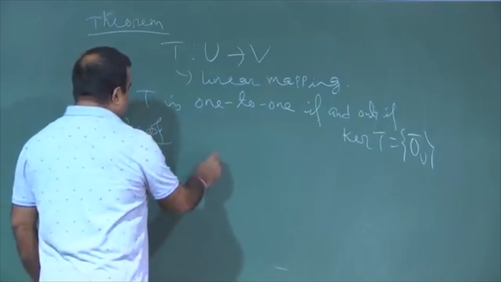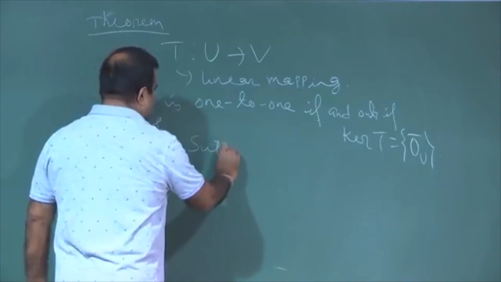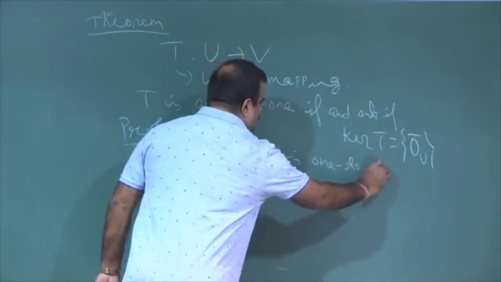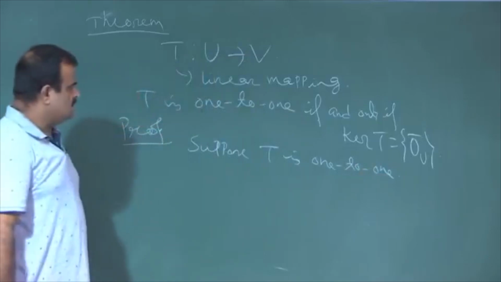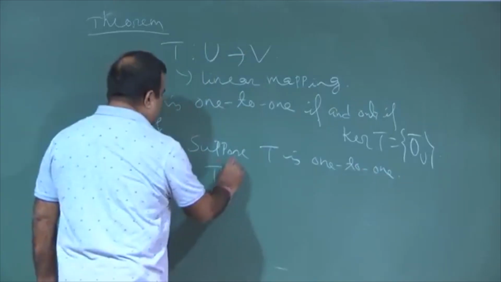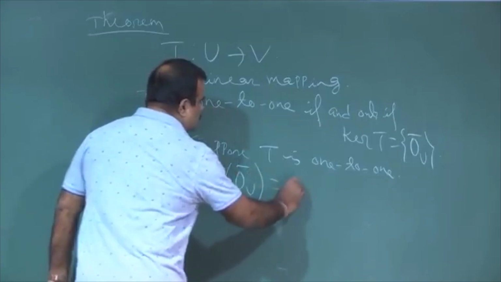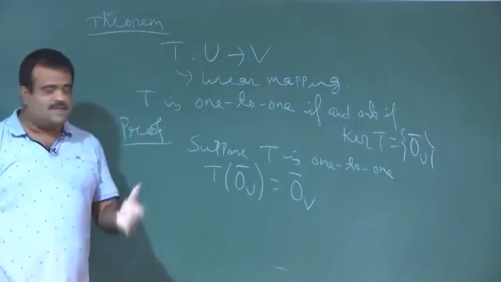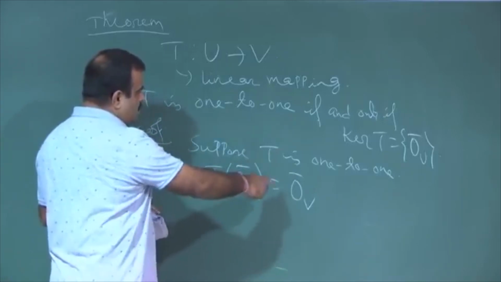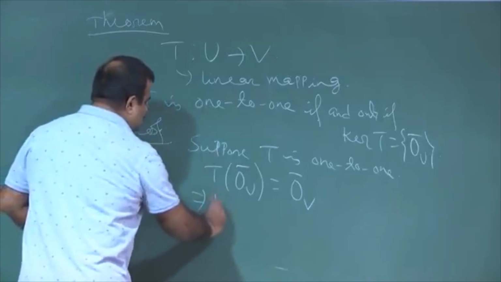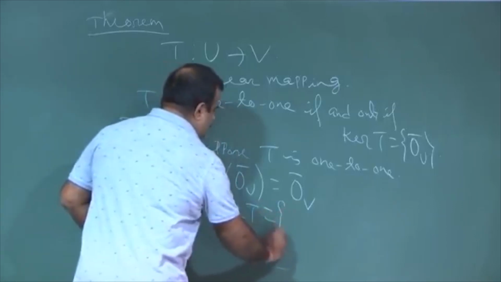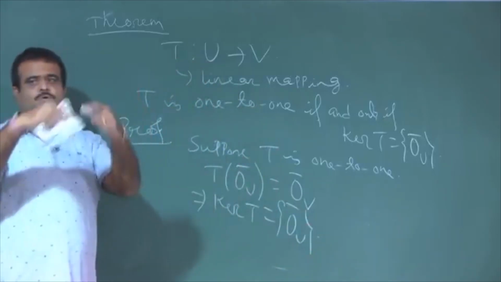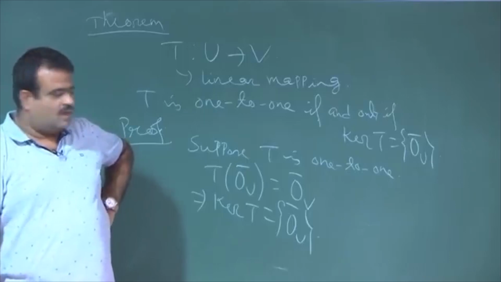Suppose T is 1 to 1, and we know that T of 0 of U is going to 0 of V. Now, if it is 1 to 1, there should not be any other vector mapping to 0 of V. So, this implies the kernel of T must be only the 0 vector, because it is 1 to 1, and no other vector should map to the 0 vector of V.